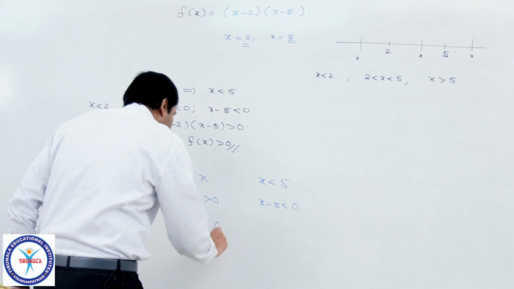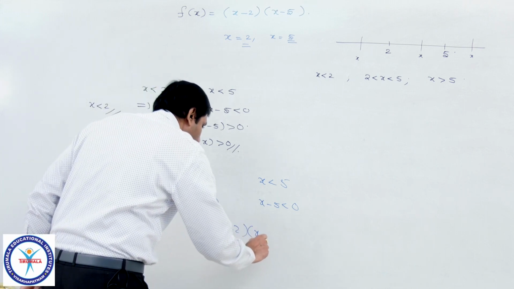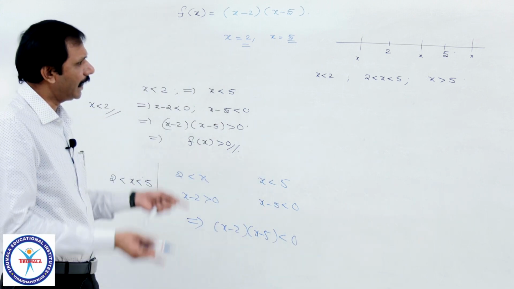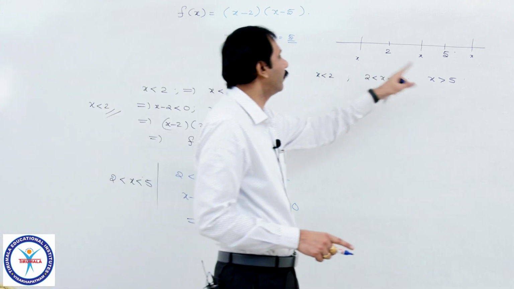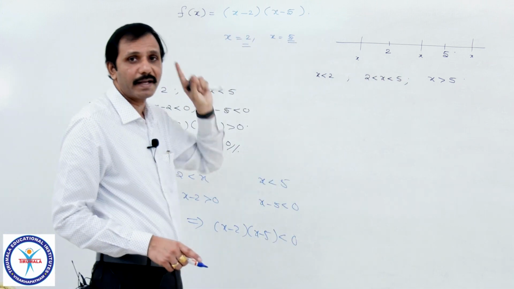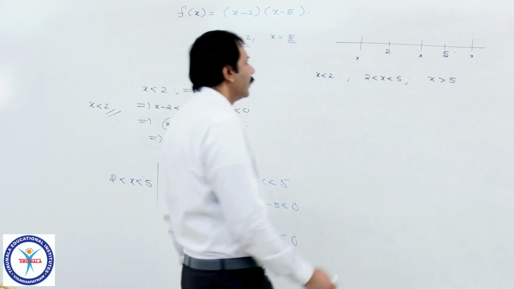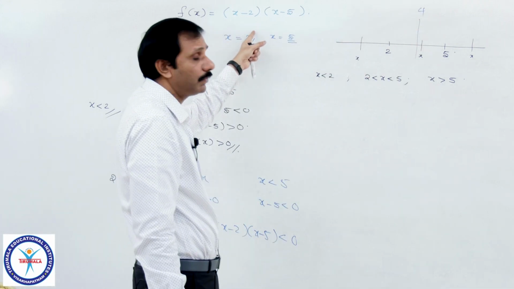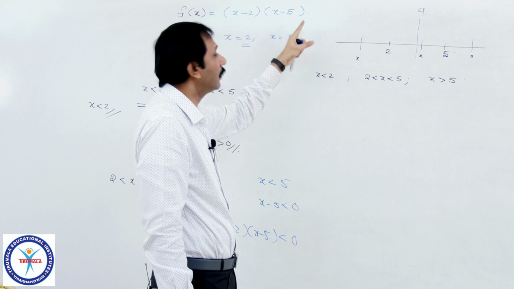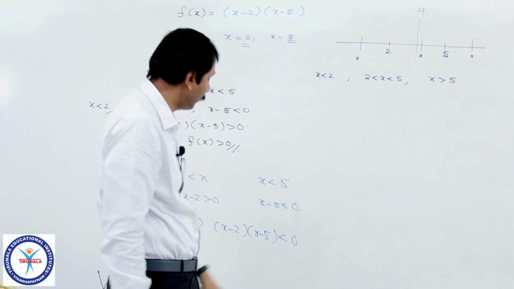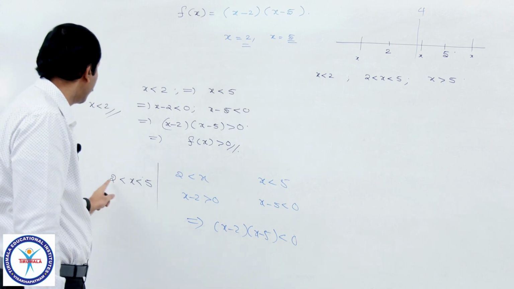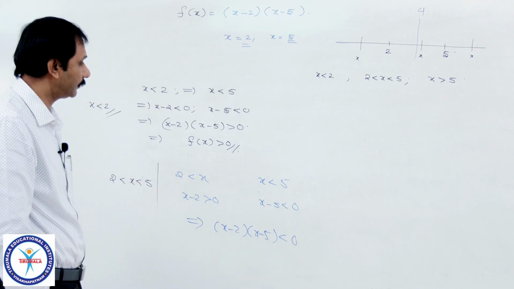If I multiply them, (x - 2)(x - 5) will become less than 0. Therefore, any value you take between 2 and 5, this is always negative. Suppose 4 is between them: if you substitute, 4 minus 2 is positive 2, 4 minus 5 is minus 1, negative, and minus 1 into 2 is negative. Therefore, (x - 2)(x - 5) is less than 0 whenever x lies between 2 and 5.